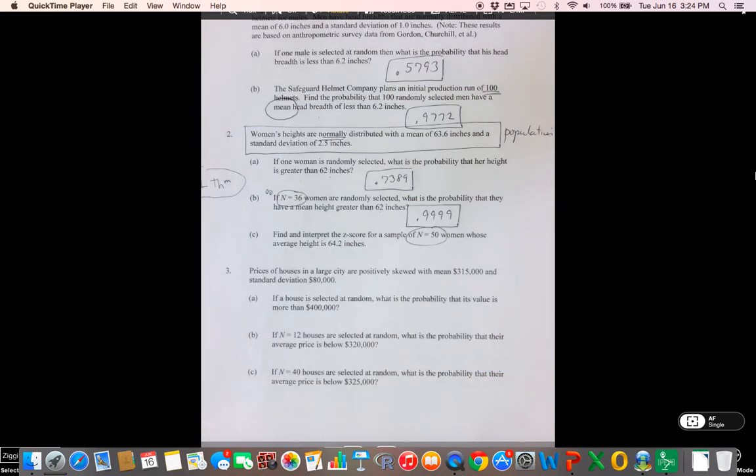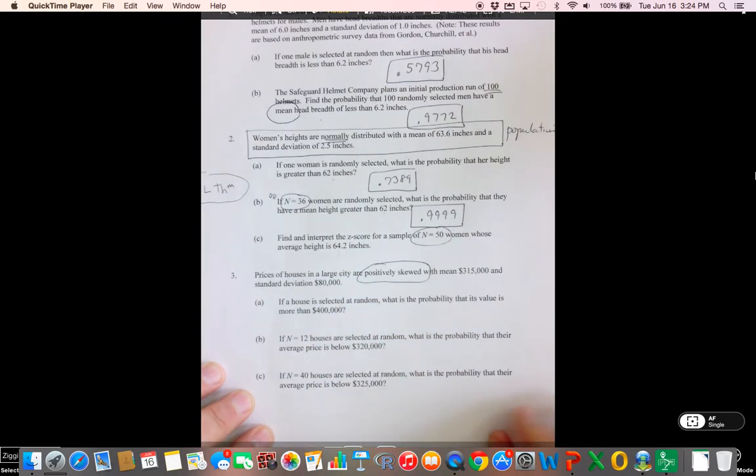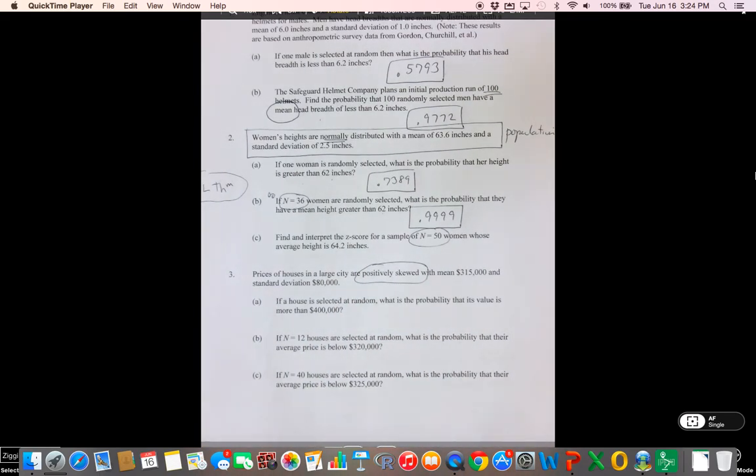All right, guys, this one gets a little bit tricky. We get into price houses, which are positively skewed. So notice we don't start out with a normal distribution. And if I get back to my original, shoot, guys, I got too much going on. Here we go.